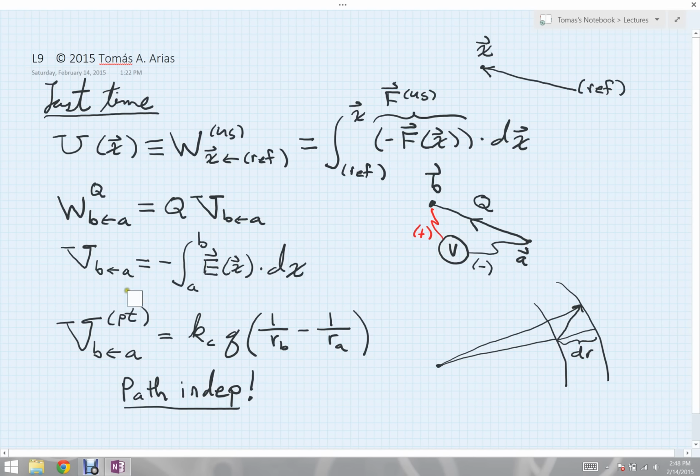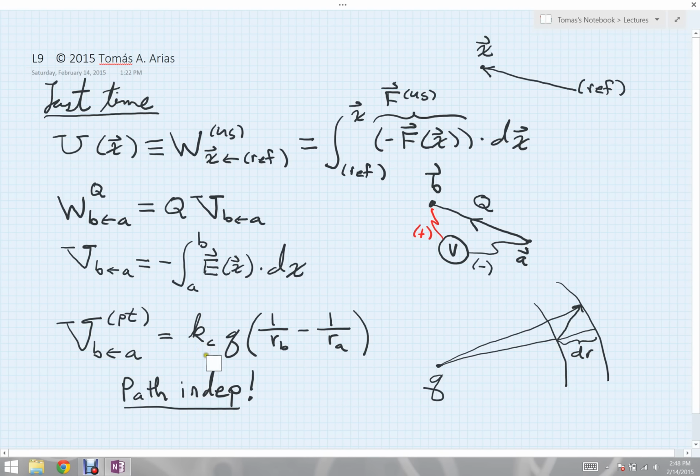We then looked at our first application of this concept to the voltage associated with a point charge. So we had a point charge Q over here, and we had determined the voltage going from point A to point B, and through a detailed analysis, we were able to prove that voltage had the following formula.